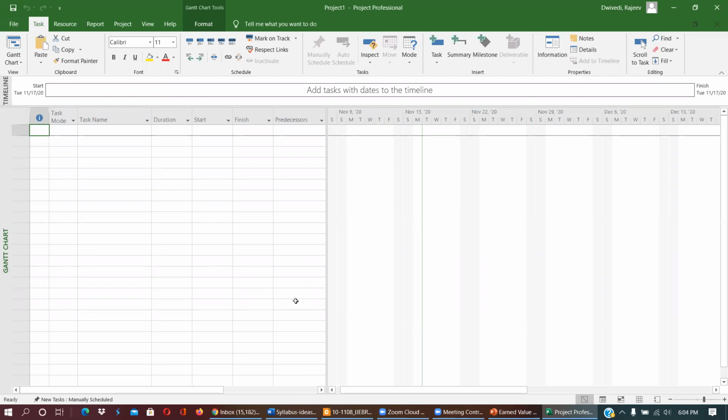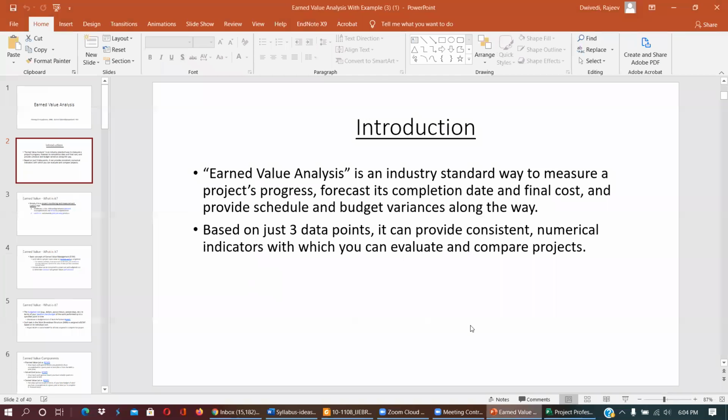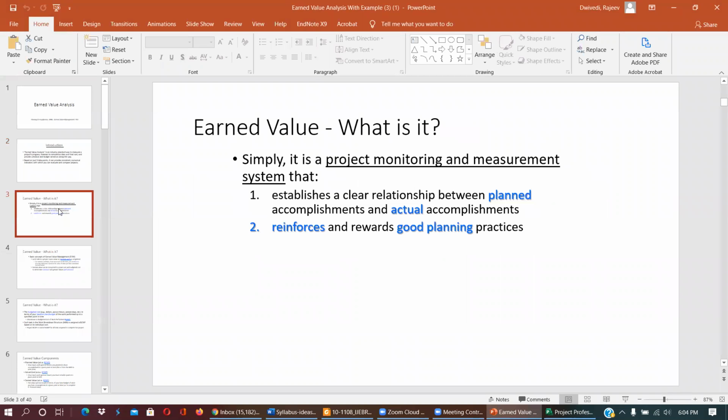What is most important, and what I'm going to explain, is what is important for decision making. What normally happens in a project, what is the problem that we face? Actually, the project goes over budget. Another thing is that it takes longer than the planned time.